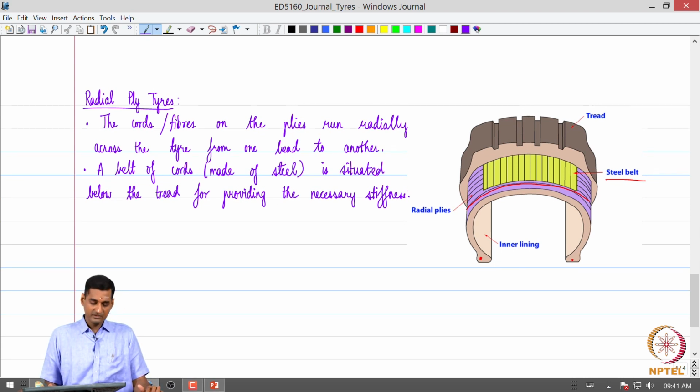So, that is why when steel is used as the material for these belts, these are called steel radial tires.